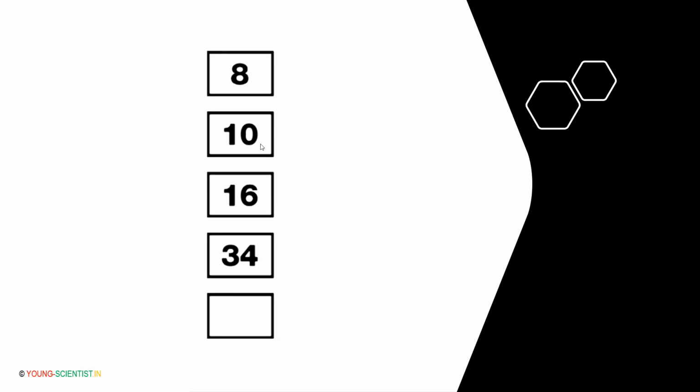The next term would be 3 raised to 1 plus 7. That would be 3 plus 7, making it 10. The next term would be 3 squared plus 7. That would be 9 plus 7, which is 16. The next term would be 3 cubed plus 7. That would be 27 plus 7, which gives you 34. So that is another way of explaining this sequence of numbers.